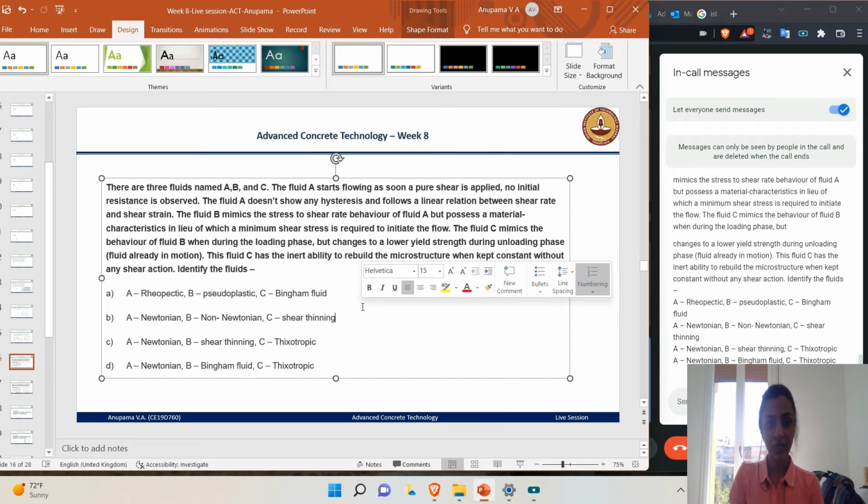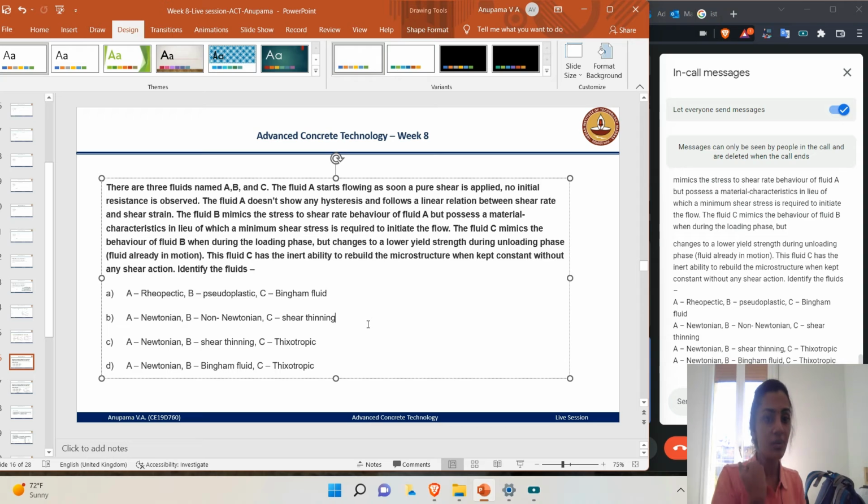Okay, so there are three fluids A, B, and C. Now, the fluid A starts flowing as soon as pure shear is applied. That means no initial resistance was there for fluid A. And fluid A doesn't show any hysteresis and follows a linear relation between the shear rate and the shear strength. It's just a linear relation.